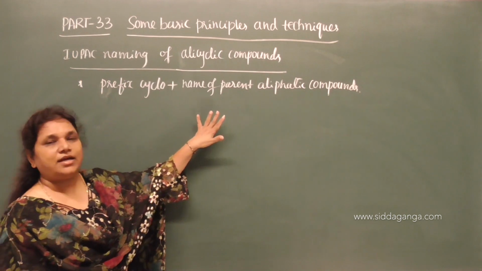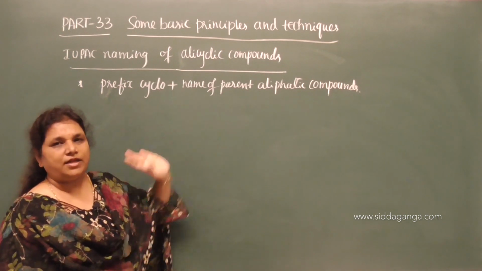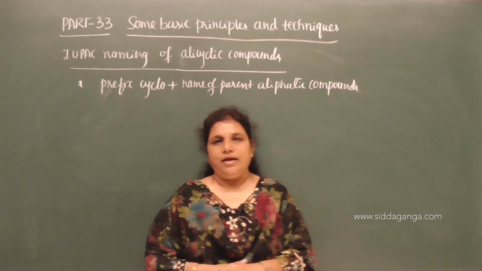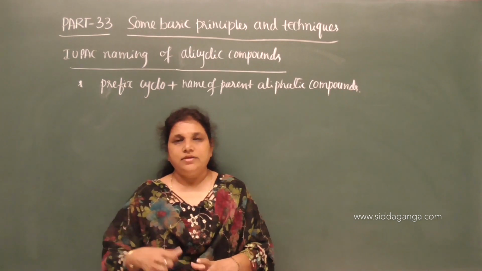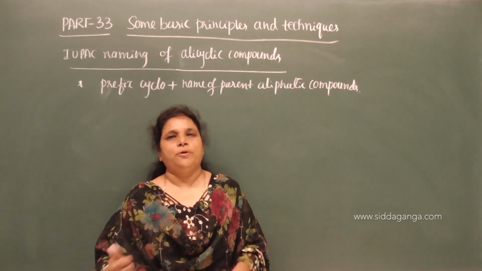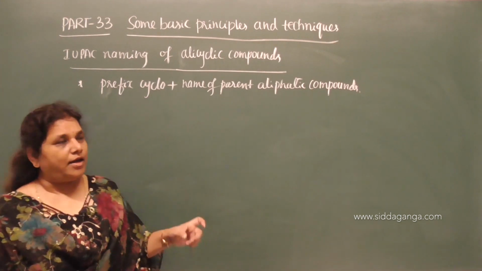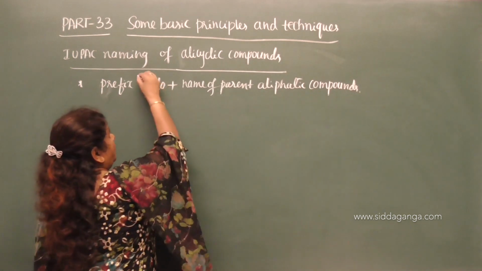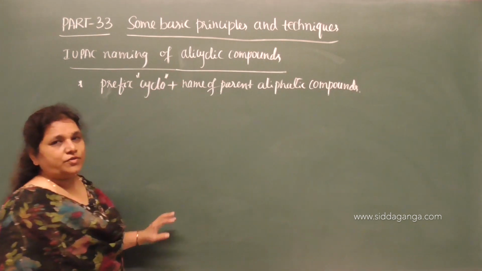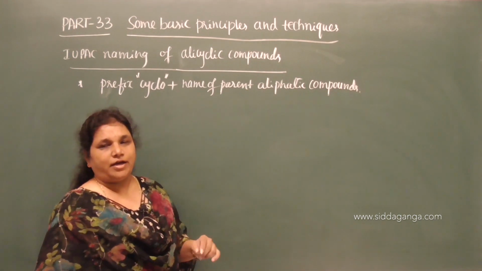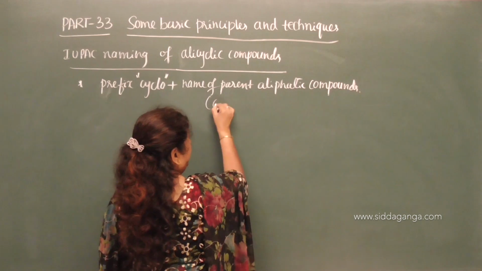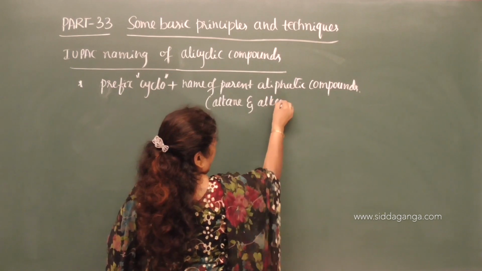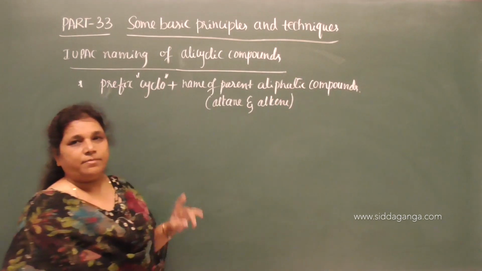The 3 carbon alkane is propane and the 3 carbon alkene is propene. If a ring structure is there, we have to use the prefix cyclo, added to the name of the parent alkane or alkene according to the number of carbon atoms.